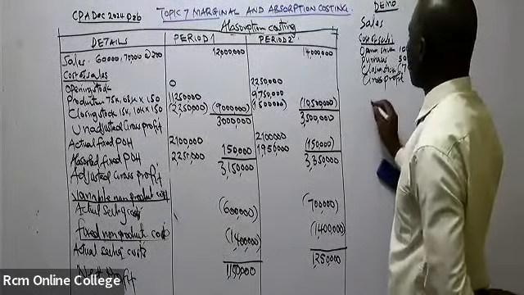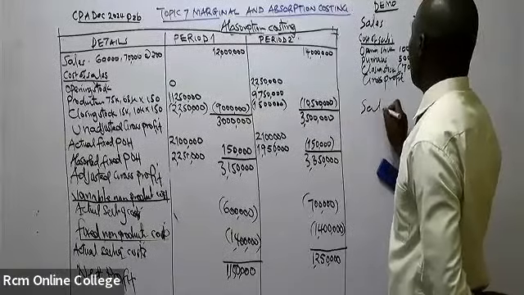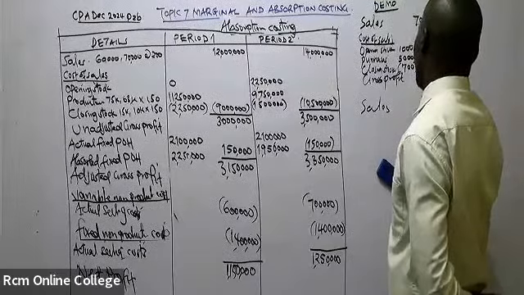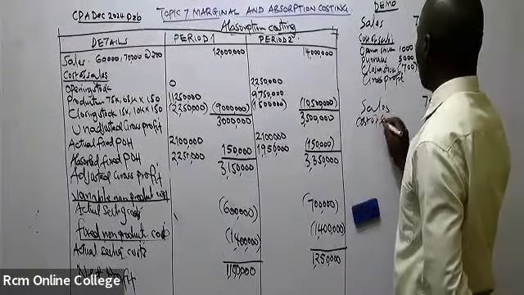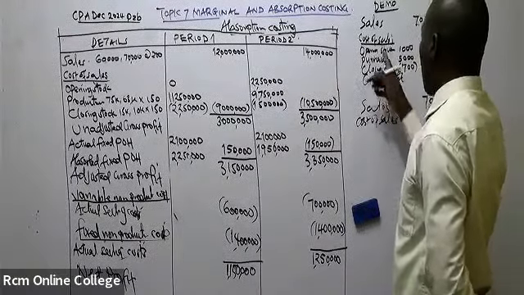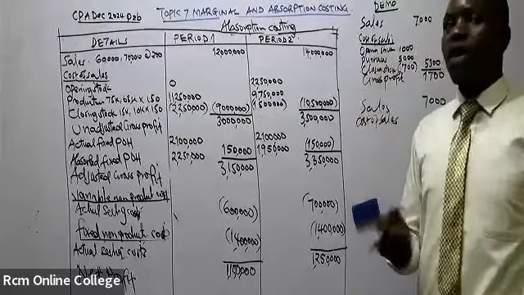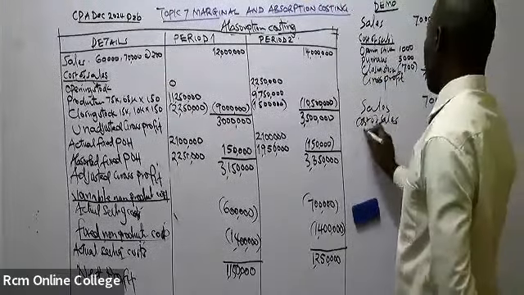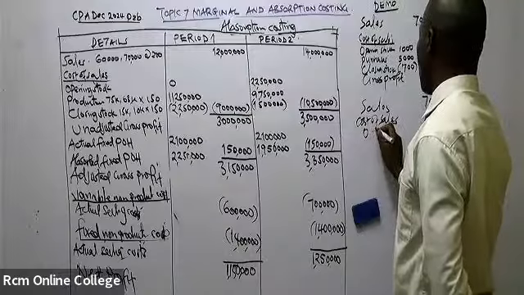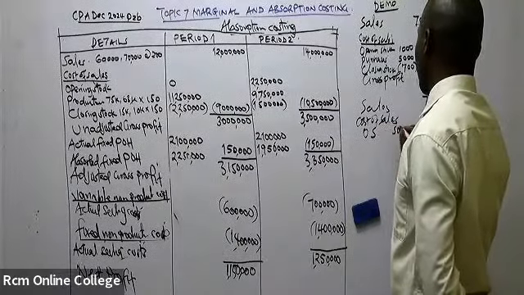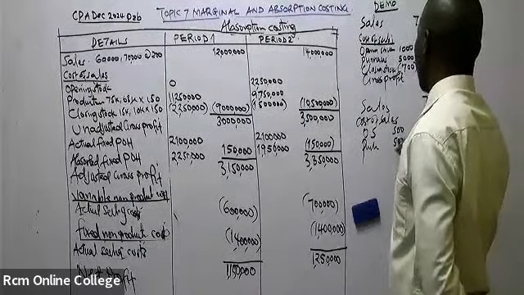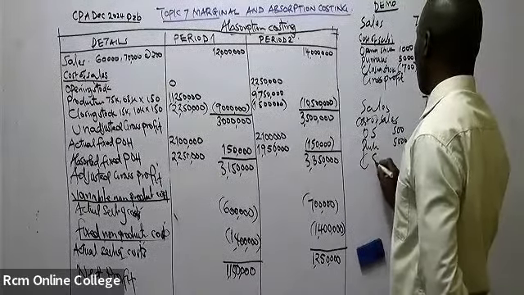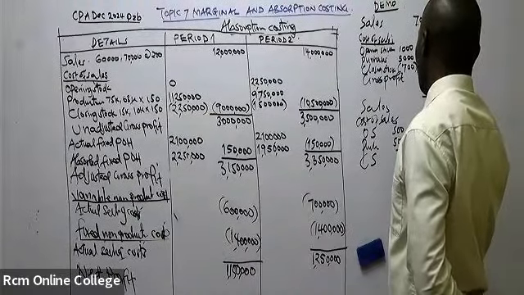So our sales will still be the 7,000, right? Our cost of sales. So our opening stock, I want us to understate the opening stock, so I want us to have 500 there. Then purchases, I want us to retain the purchases figure. Closing stock, I want us to retain the closing stock figure.